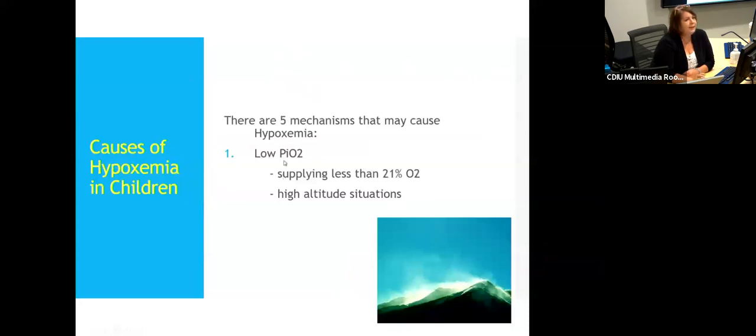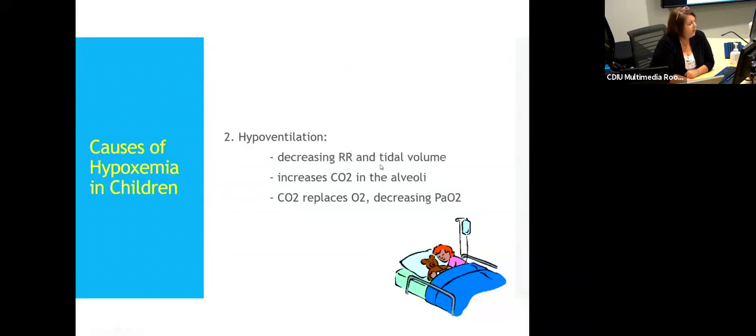So let's talk quickly about some of the causes of hypoxemia in children. First of all, if you make some technical error and you give your child an O2 concentration that is less than 0.21, you may induce hypoxemia, or in high altitude situations. That's a more common one that you might see.